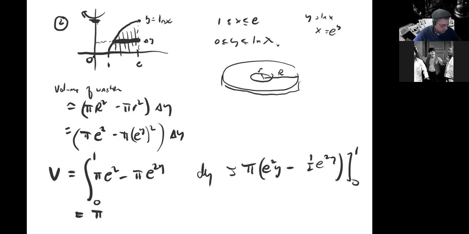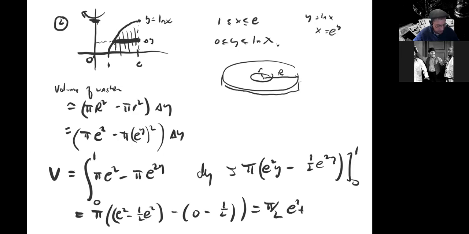So if we stick in 1, we get e squared minus 1/2 e squared. And if we stick in 0, we get 0 minus 1/2. So this ends up being, if I got this right, pi over 2 times e squared plus 1. So that's that problem.